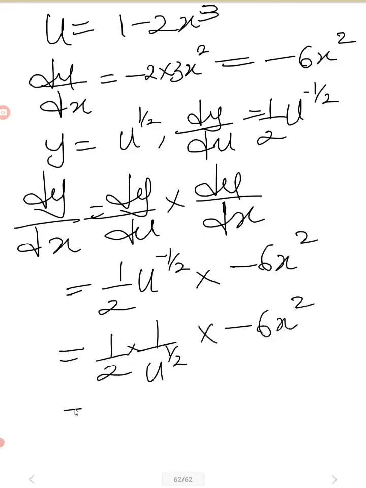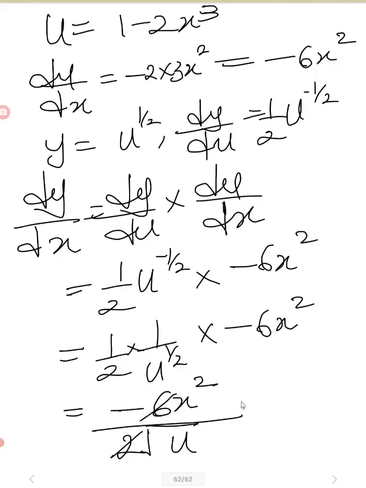So let's put it together to be minus 6x squared over 2 root u. If we go back to the laws of indices, that's what it gives you. But this 2 can cancel this 6, so it means minus 3x squared over root u. If you can agree with this, this is just a value.